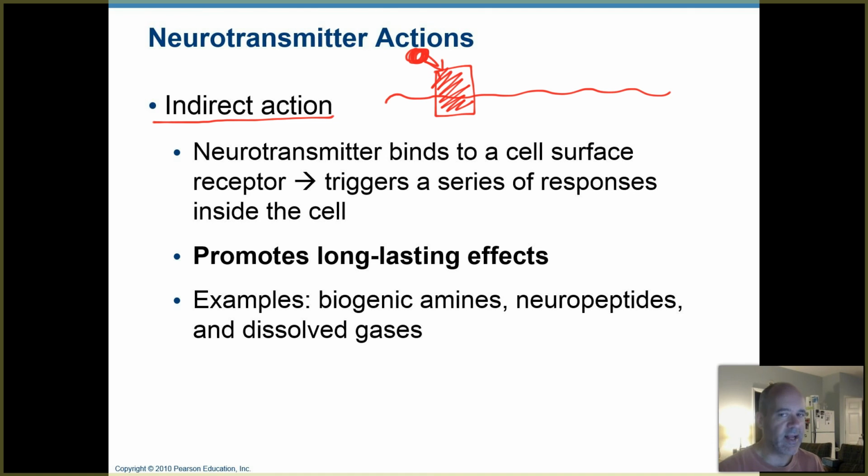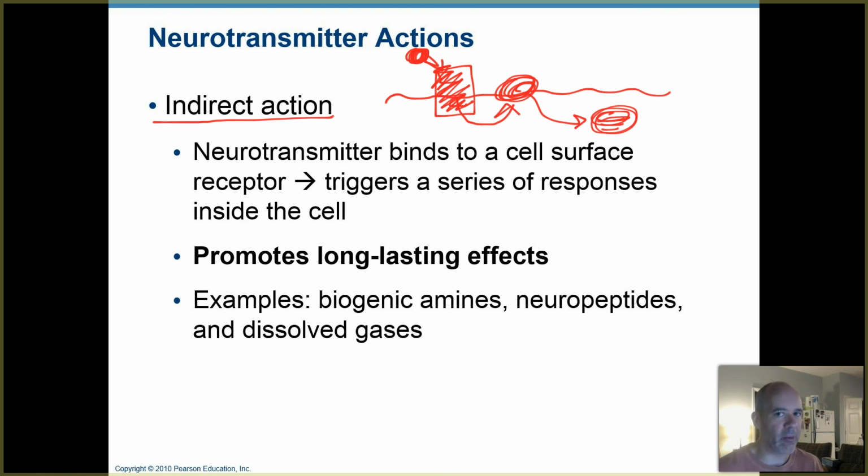The receptor is not an ion channel. What happens when the neurotransmitter binds to its receptor, this receptor now acts on another molecule, which may act on another molecule that could be inside the cell, and it kind of sets off a cascade where one step leads to the next and that leads to the next.